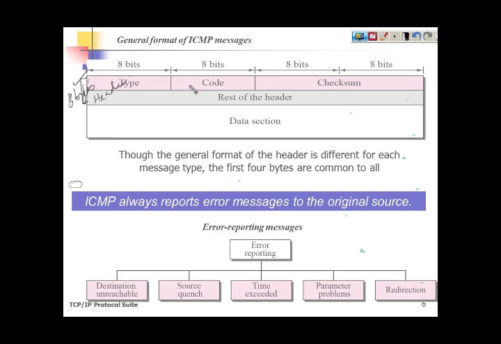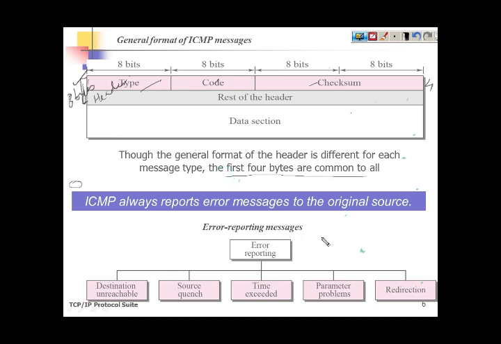So in all the cases, it will make an 8 byte header. Out of 8 bytes, this 4 byte part is common for all. This 4 byte part consists of three fields: type, code, and checksum. The other 4 bytes will depend on the nature of the error. And then we have a data part which will also contain some information, which we'll see.